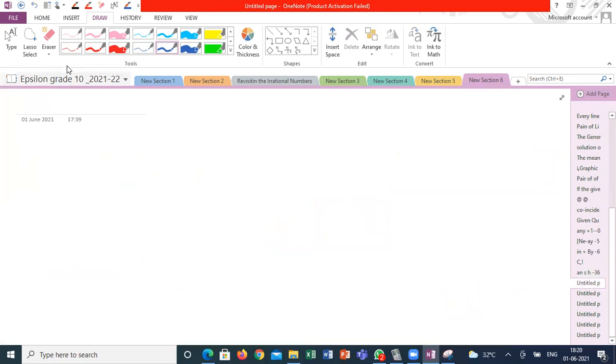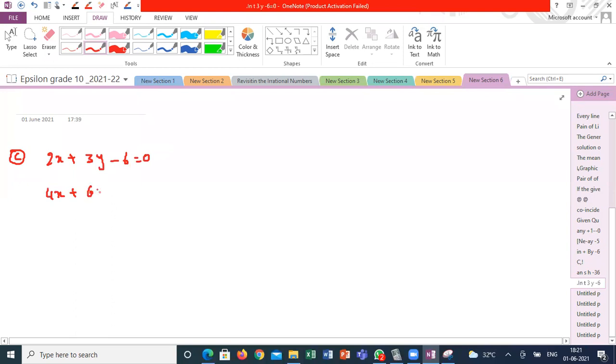Suppose I am taking the third case. The equations are 2x plus 3y minus 6 is equal to 0, 4x plus 6y minus 24 is equal to 0.